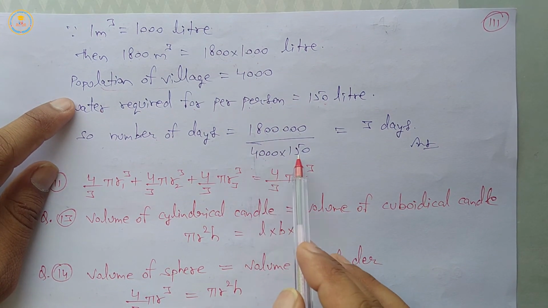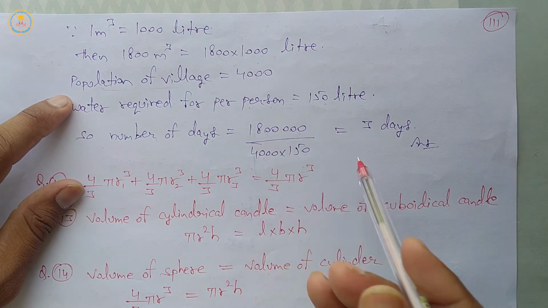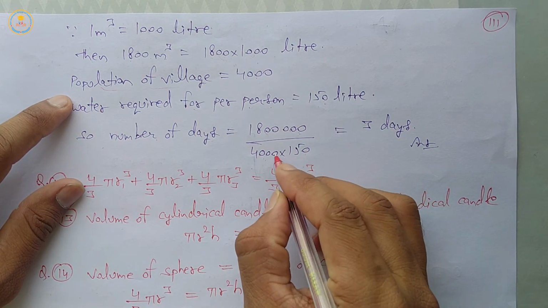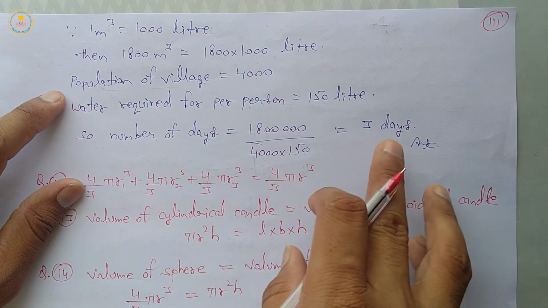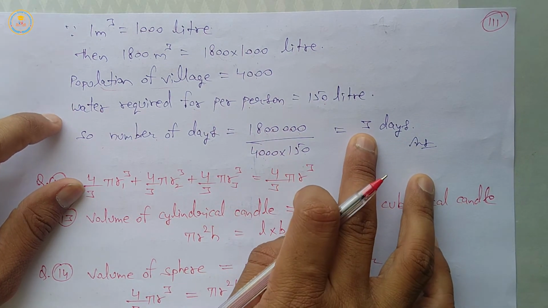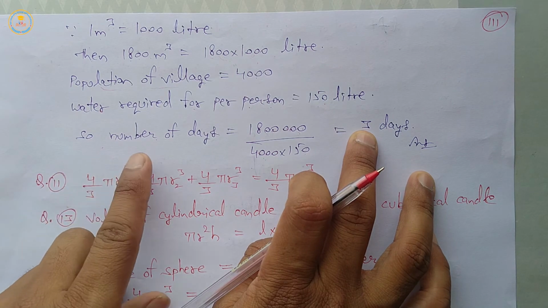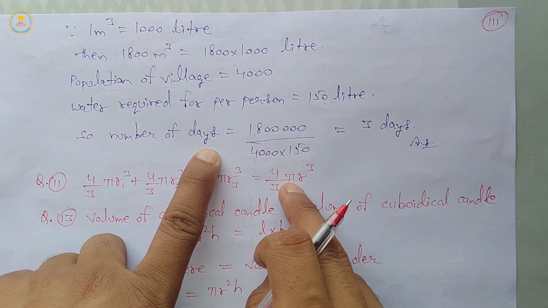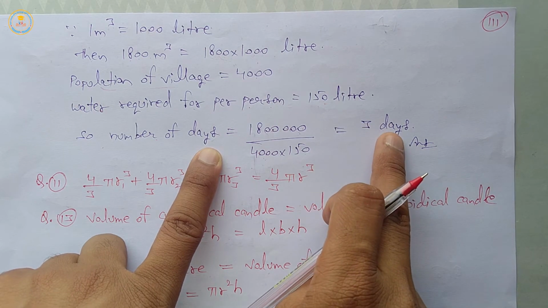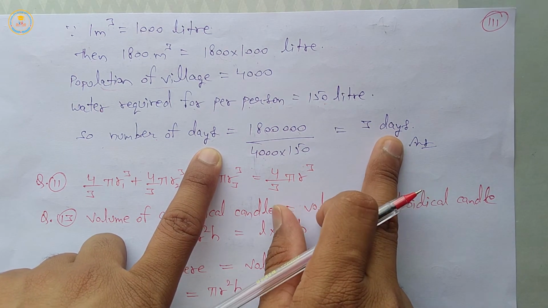Therefore 4000 multiply 150. Solve out that part. Cancel out zeros, and we get 3. It means the water is sufficient for the village for 3 days. 3 days is the answer.